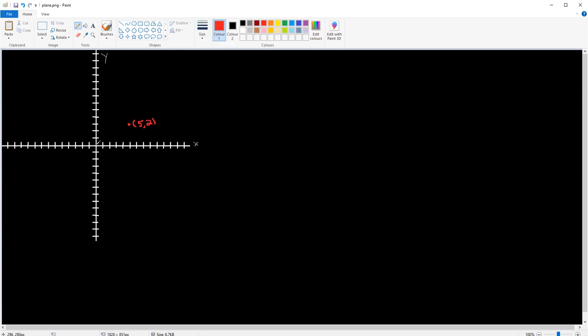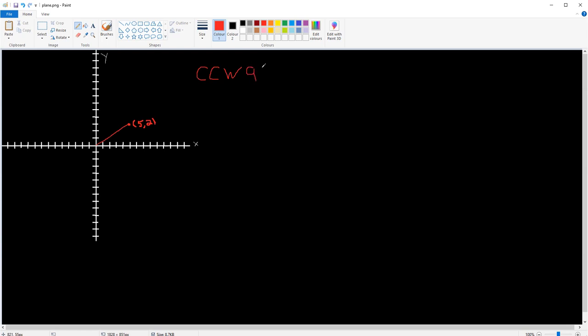Okay, and from here, it's some distance, but it really doesn't matter what distance it is right now. So in order to rotate this, I'm going to rotate it counterclockwise 90 degrees.